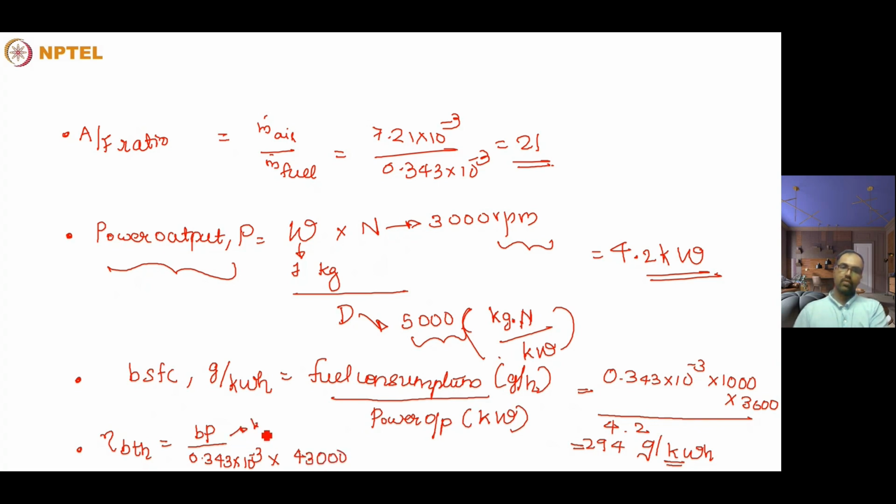So brake power in terms of kilowatt we have to provide. So it should be 4.2 divided by that, so the brake thermal efficiency is coming around 20.48%.